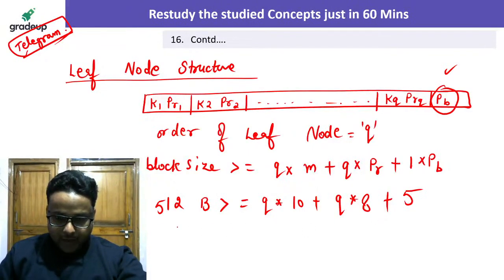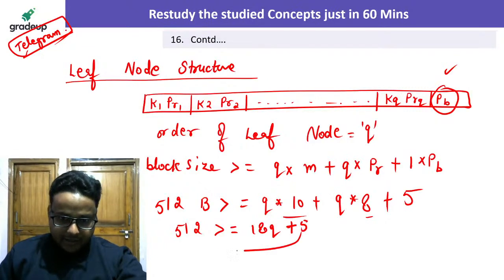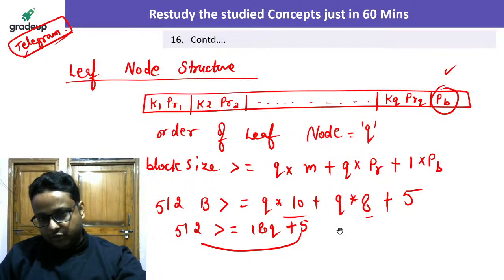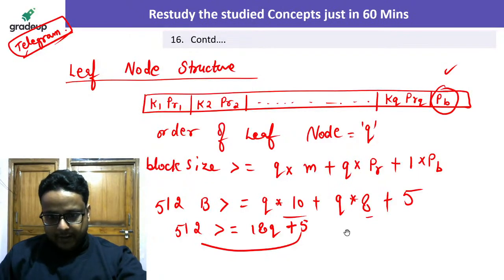So if you add, 512 is greater than or equal to 10 plus 8, 18q, and this plus 5 you can take to this side, so it will be actually 507 and 18.